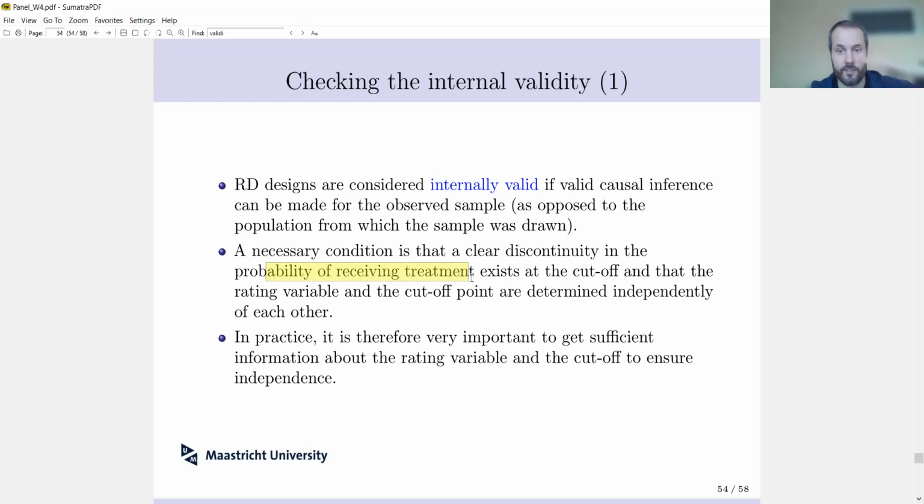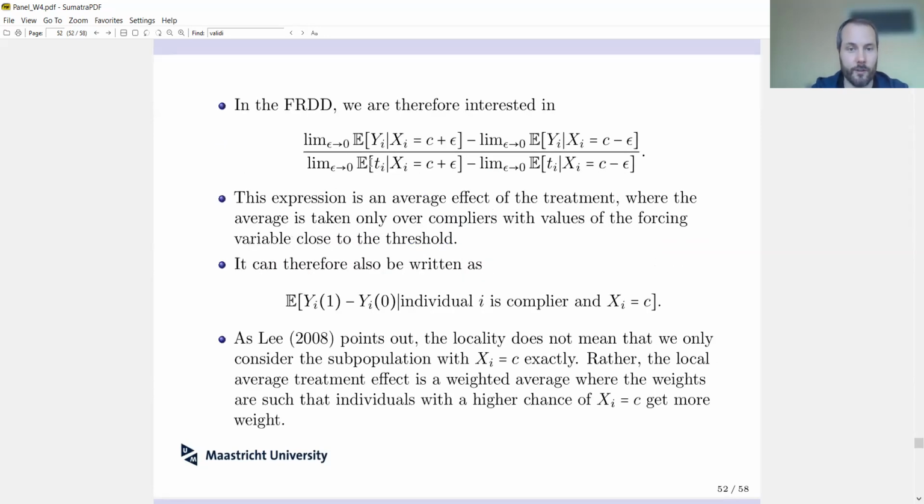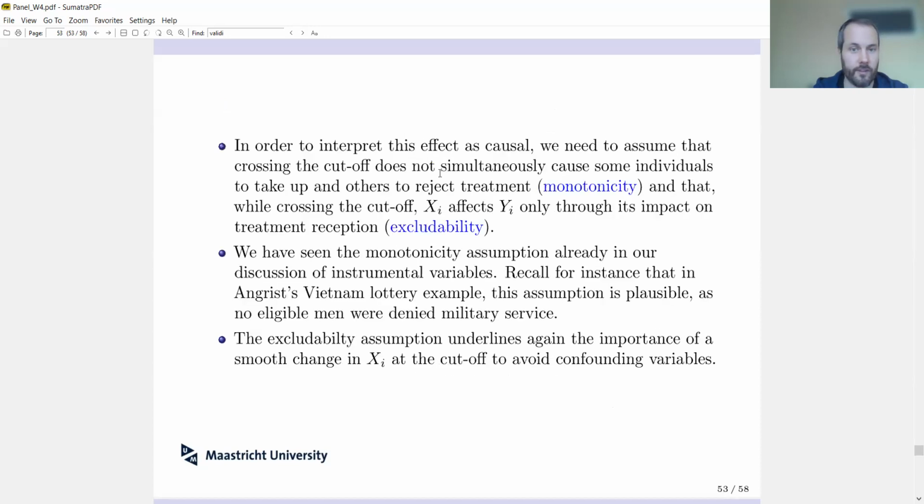So we need to see a jump at the cutoff in the probability of receiving treatment. If there's no jump, forget it. There's no chance to do anything with the regression discontinuity design. That's easy to see if you look at the formula. If there's no jump in the probability of receiving treatment, we're basically dividing by 0. So that will not give us anything sensible.